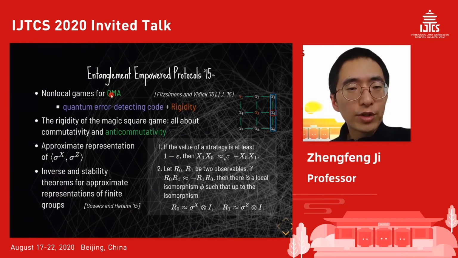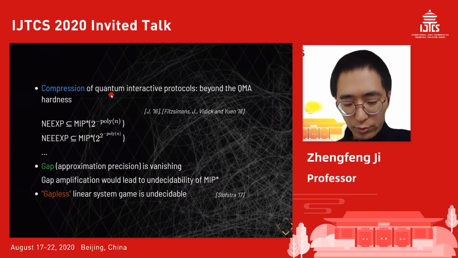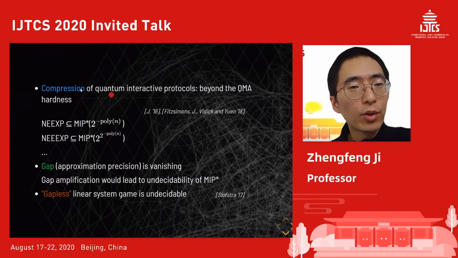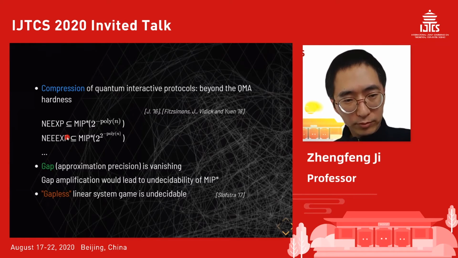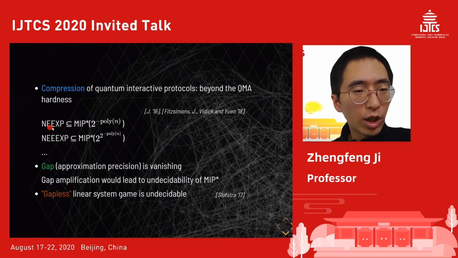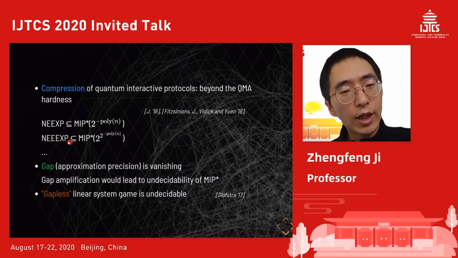Trying to improve on this QMA hardness, we proposed proof systems that improve the lower bound from NEXP to NNEXP, triple exponential non-deterministic time.